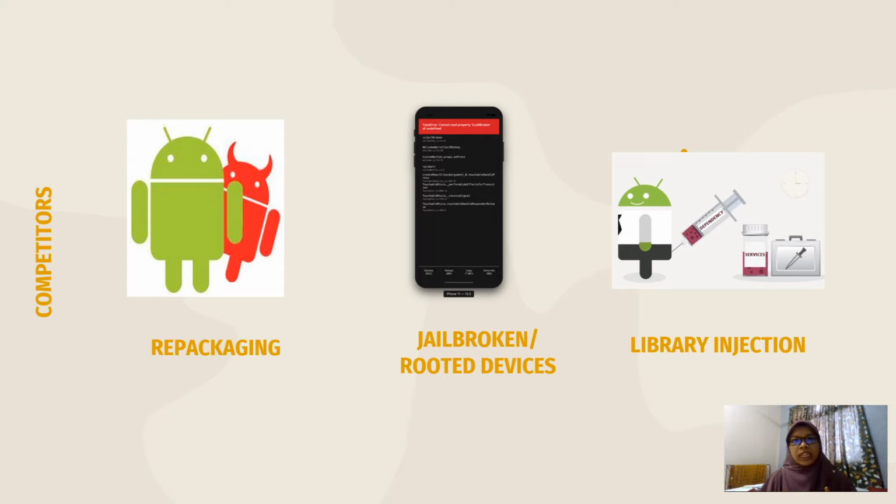Secondly, jailbroken or rooted devices. Jailbreaking or rooting is the process of circumventing the operating system security measures and poses the most common security threat. This is usually performed by the users of a device, customizing it beyond what the manufacturer allows.